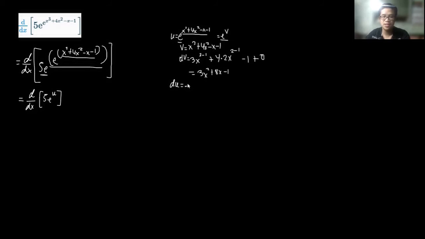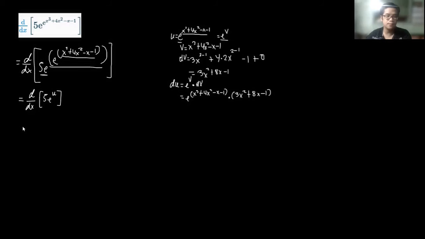It's still the same: the derivative of e raised to v is just e raised to v, but don't forget its partner dv. Now let's substitute. This would be e raised to x cubed plus 4x squared minus x minus 1, times your dv, you have 3x squared plus 8x minus 1. There you go.